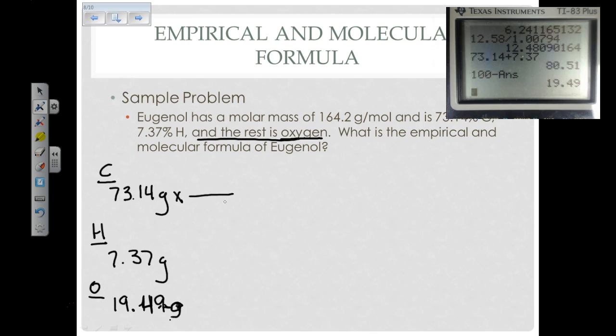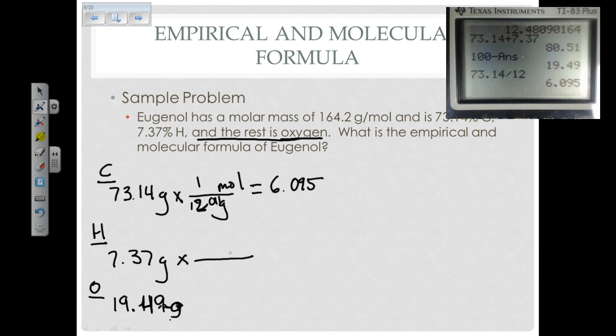So we do grams per mole. I would suggest you always use the number all the way out, but I'm going to just use 12. So 73.14 divided by 12. Okay, so this is equal to 6.095. And then for this one, we convert to moles.